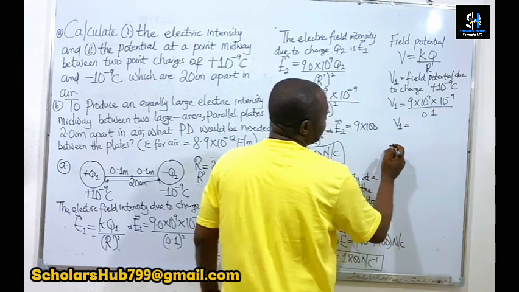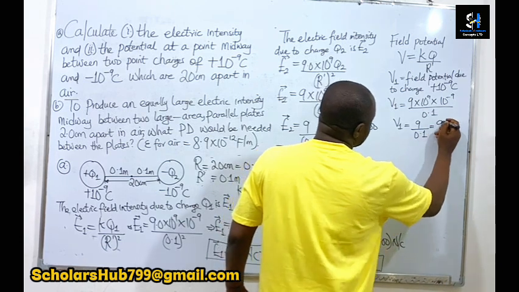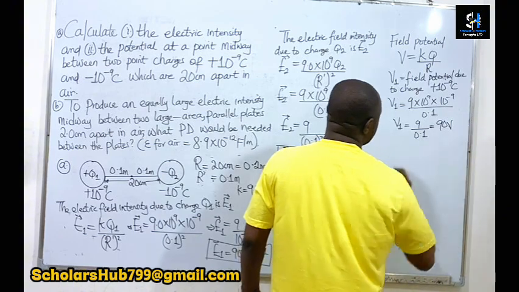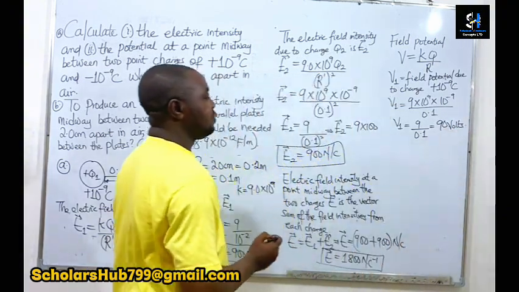So V1 will be equal to 9 over 0.1, and this will be 90 volts. This is 90 volts.